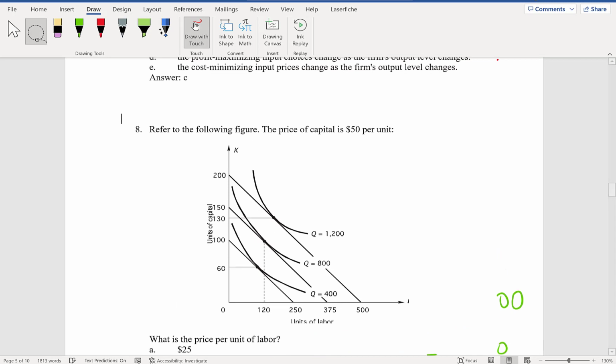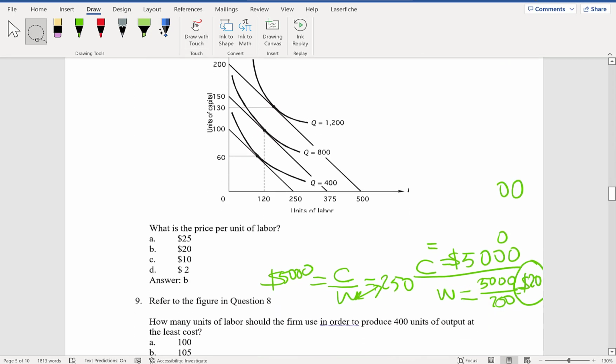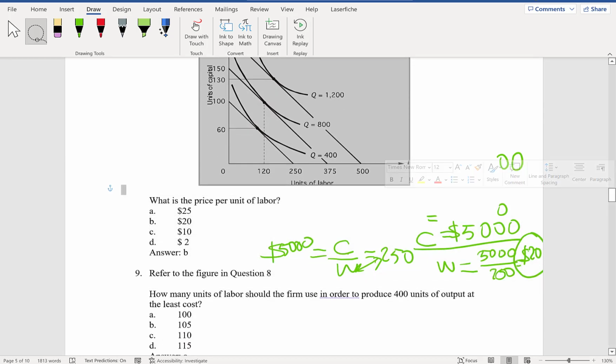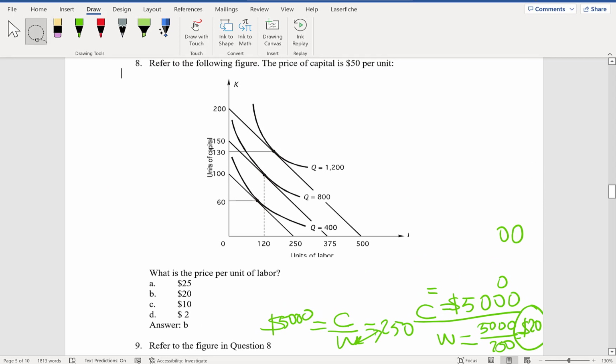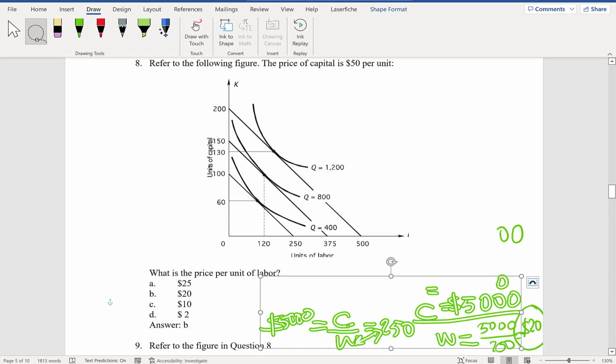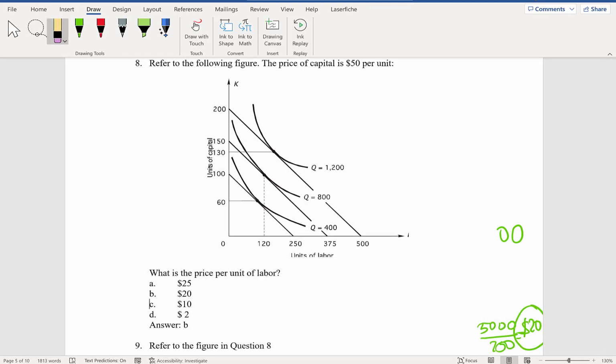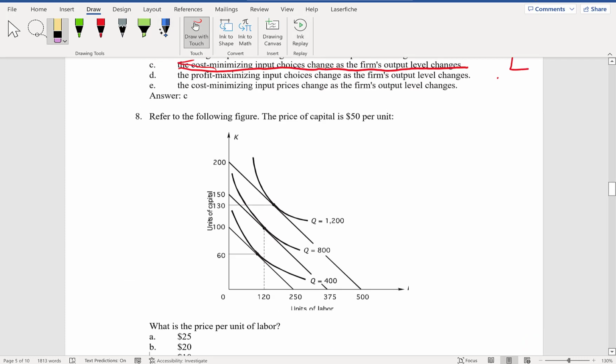In this question, how many units of labor should the firm use to produce 400 units of output at least cost? Okay, so far we have the information that the rental rate is $50 and labor is $20 each unit.